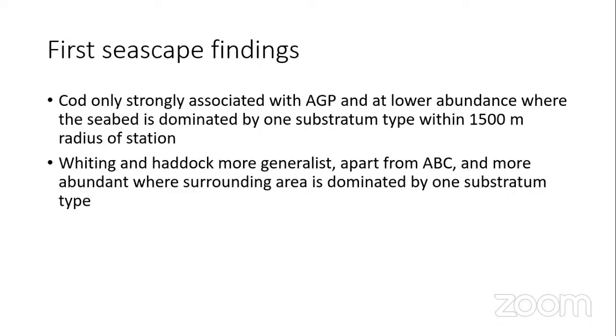They don't like the boulder, algal covered boulders, but apart from that, they live pretty much anywhere, and the more dominated by one substratum type, the better. So you can start to see already why this would be important, and how this might have a bearing later on in terms of bottlenecks, being generalists versus specialists and that sort of thing.